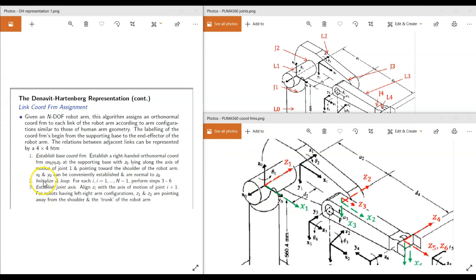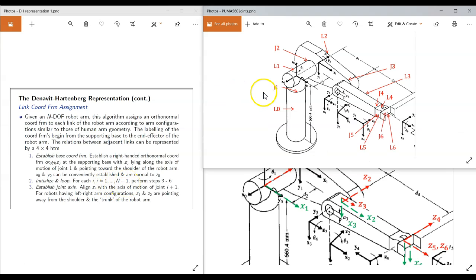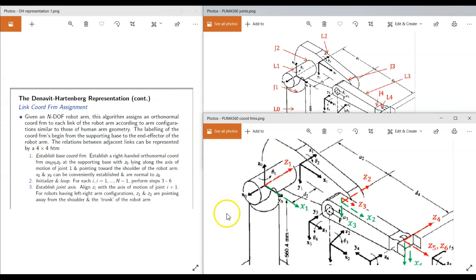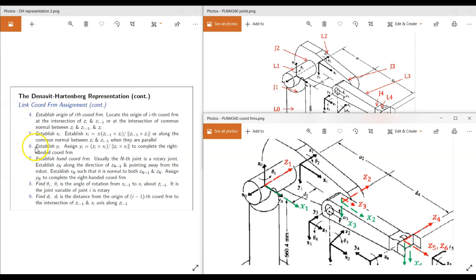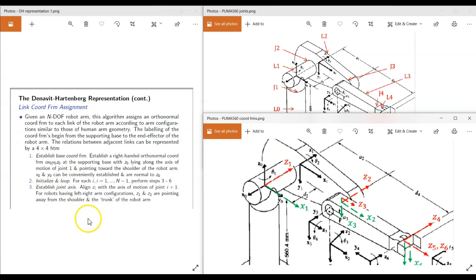Now let's look at step 2: initialize and loop for each i from i equals 1 up to n minus 1. In our case, n is 6. This is a 6 degree of freedom robot. So we have to perform steps 3 to 6. If you look at step 3, we'll be establishing the Z axis.